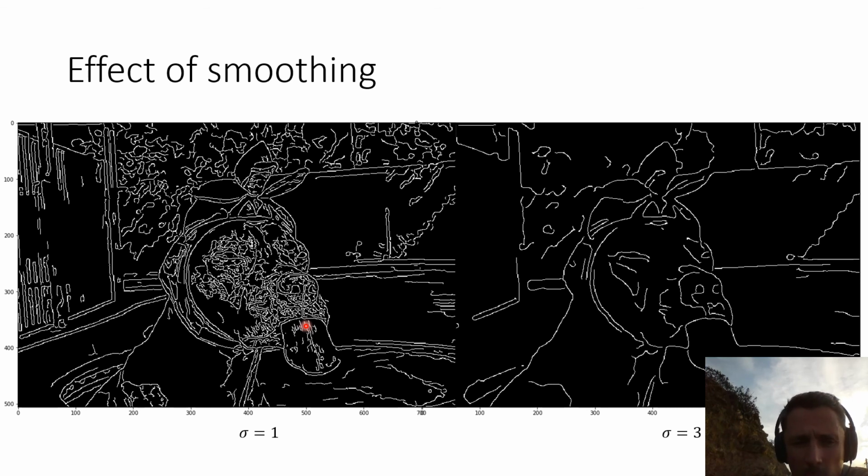Also, small edges, small image structures will be detected as edges. And if you have larger sigmas, so stronger smoothing, those small image details will be washed away, and then you basically only obtain those strong edges with, let's say, a larger scale. Okay.